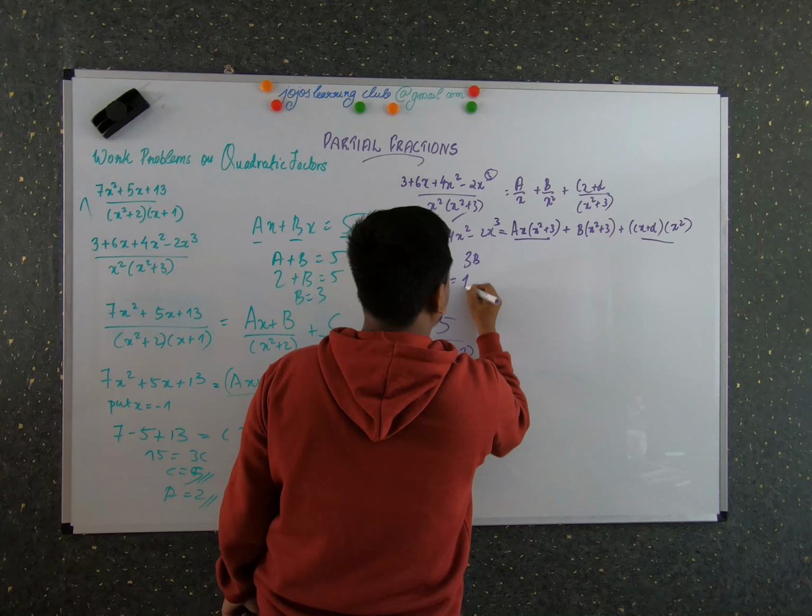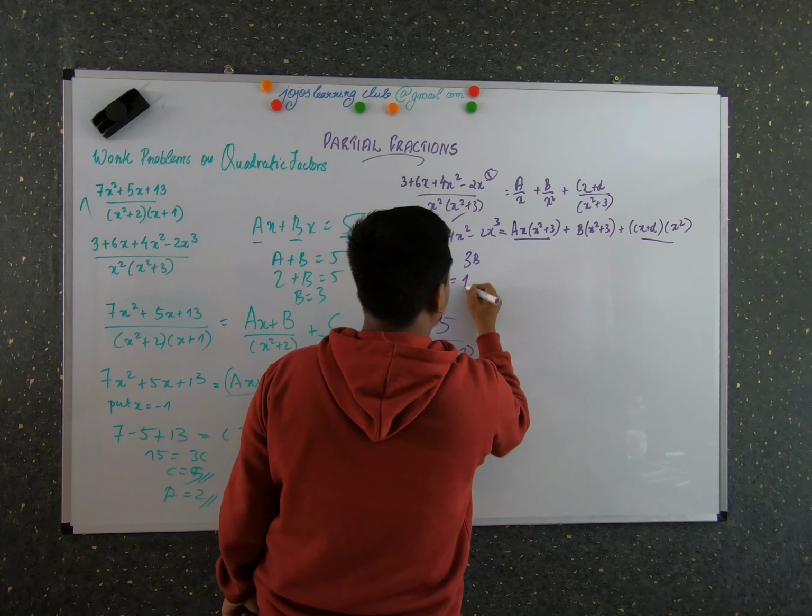Here simplified: ax cube plus 3ax, bx square plus 3b, again here cx cube plus dx square. B's value is already known, so take the other values.